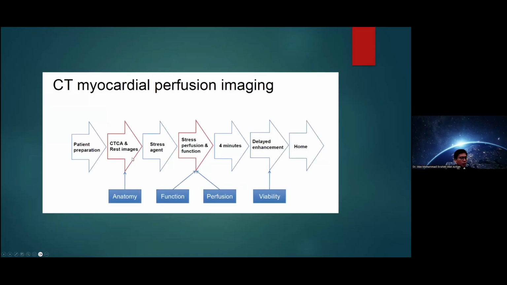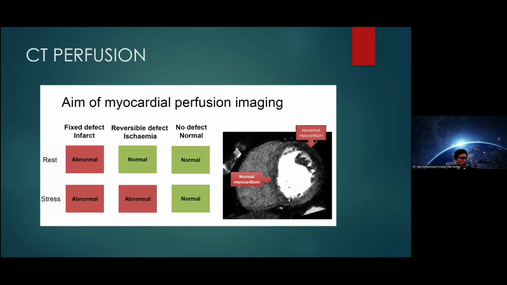For CT perfusion, we image the patient both on stress and rest. We actually need to give stressor agents to patients, such as adenosine, dobutamine or regadenoson, and we see the amount of perfusion in the myocardium. This is the left ventricular myocardium, and this is normal myocardium, which takes up contrast, and this is abnormal myocardium, which doesn't take up contrast, and it appears hypoattenuated.